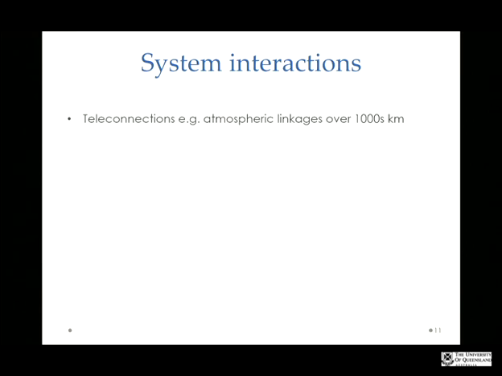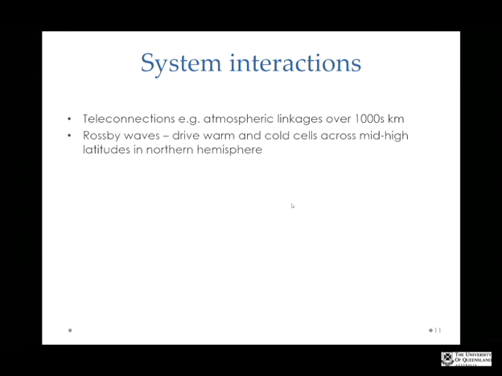So here we're looking at the big system interactions that really drive regional and global climate. They link across thousands of kilometers, possibly tens of thousands of kilometers. So one example is the Rossby waves. If you remember, those were those polar waves that circle around the poles, both ends of the Earth.